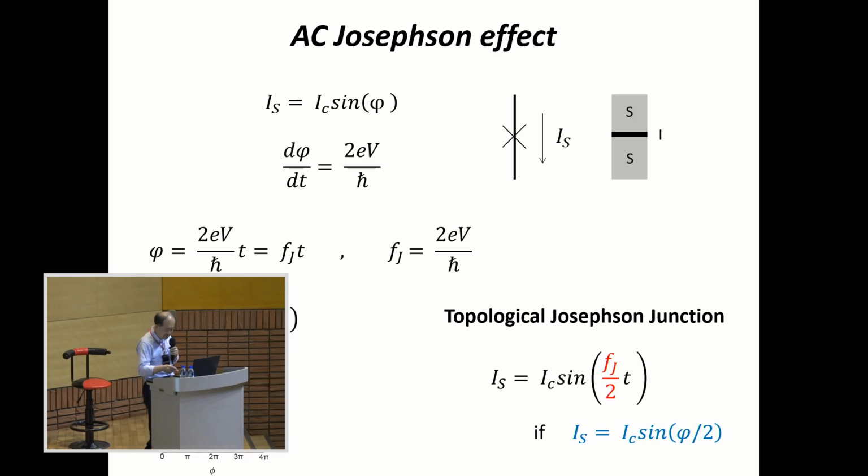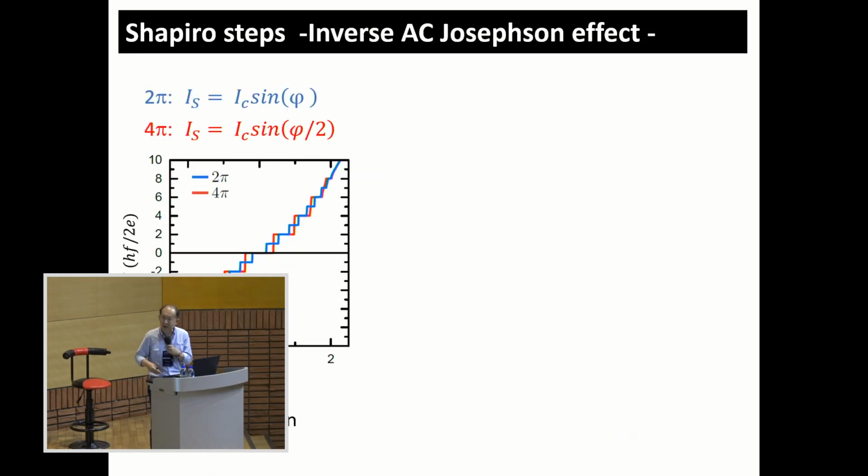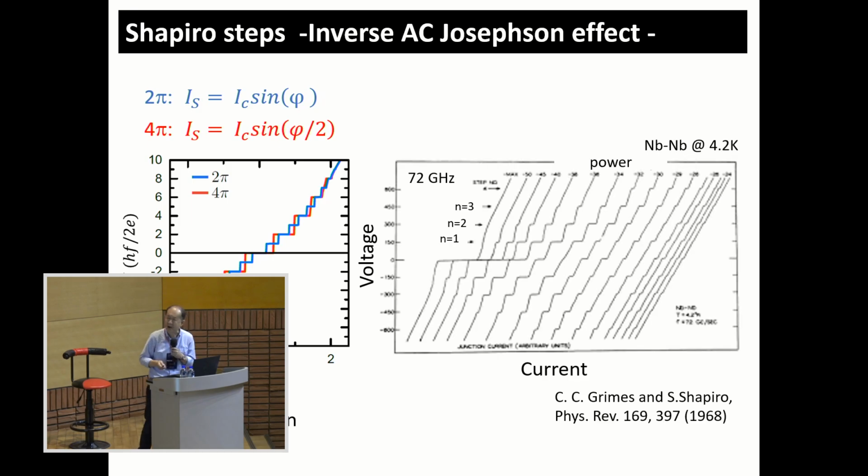And that is what we want to measure. So first, maybe the easier experiment is to measure the IV characteristic under microwave irradiation. In the usual case, the so-called Shapiro step should be measured, like a staircase type IV characteristic. And it was actually observed many, many years ago.